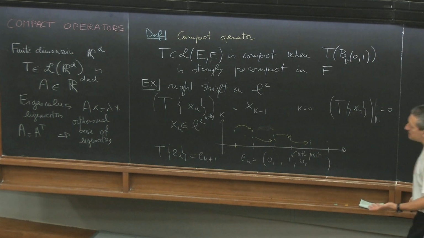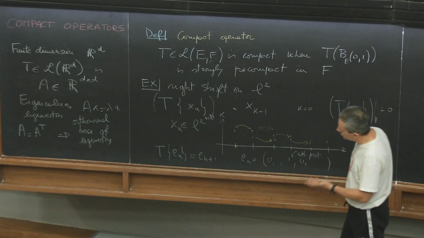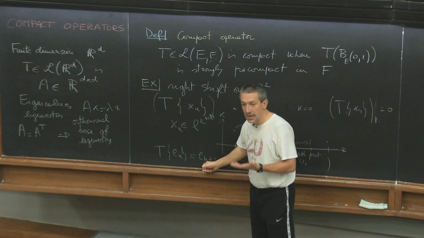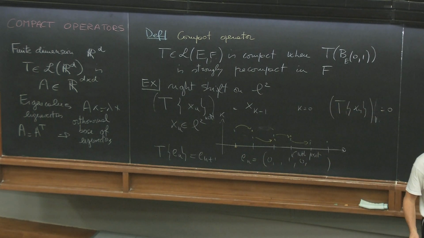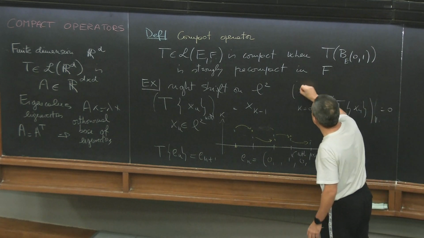So now the image of the unit ball contains countably many elements whose distance is 1, or actually square root of 2 because we are in L2. So it's not possible that the image is compact. So this operator is non-compact.